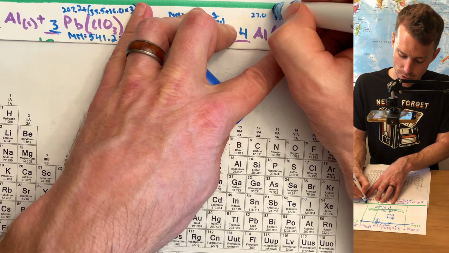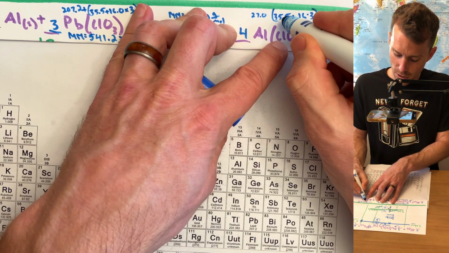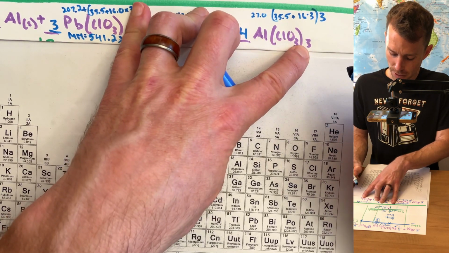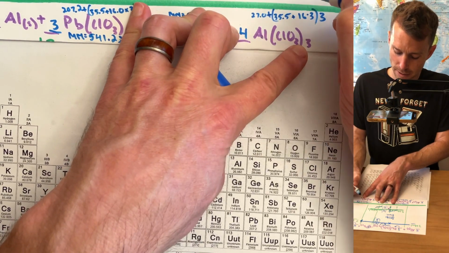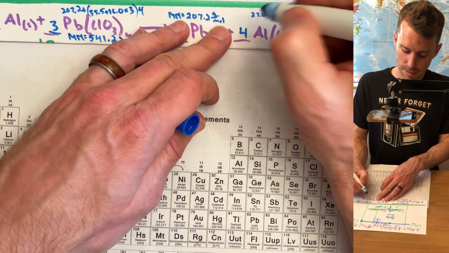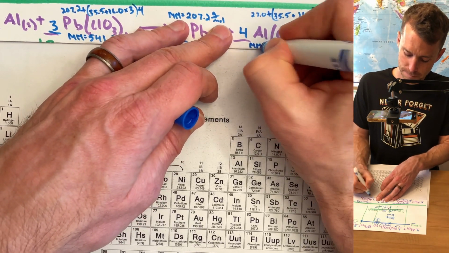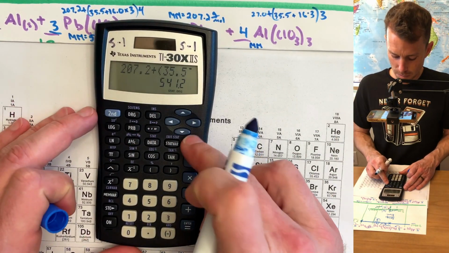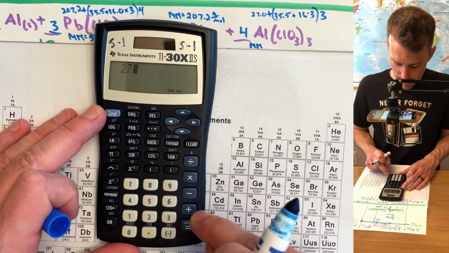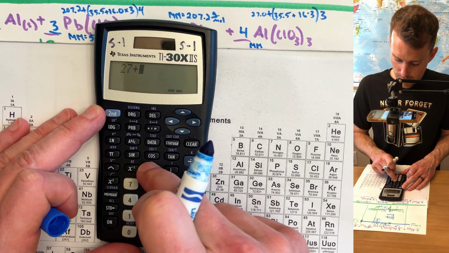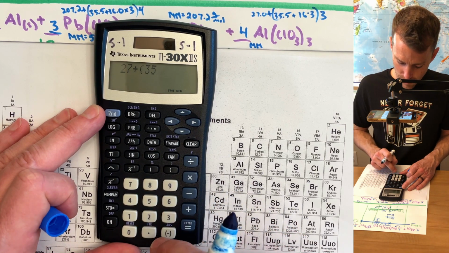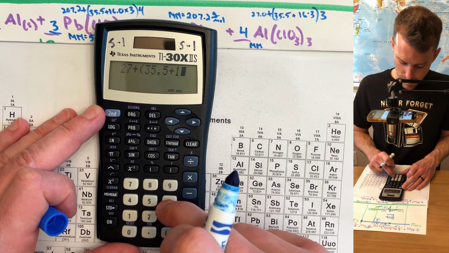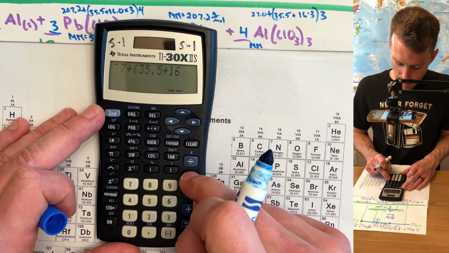But then we have 3 of our chlorine and 3 oxygens, so let's multiply that by 3 and add those together. And we can see what that molar mass comes out to. Okay, so that gets us 27 plus 35.5 plus 16 times 3.